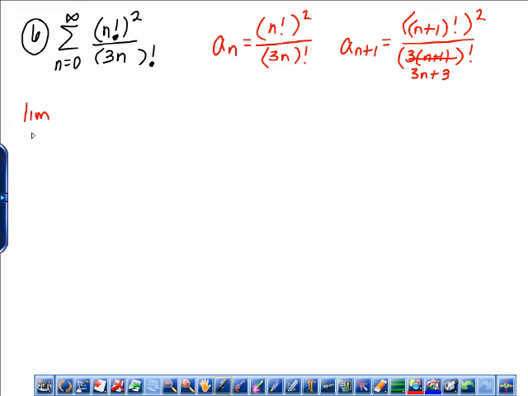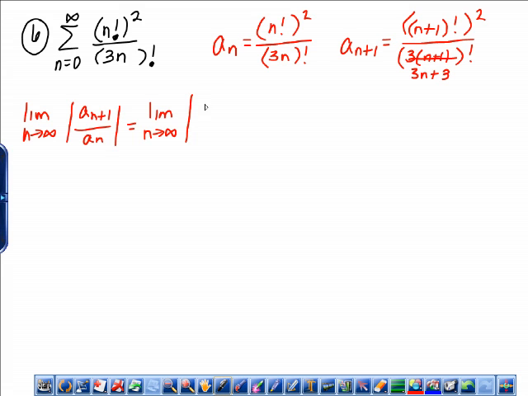All right, so remember our limit as n approaches infinity of the absolute value of a sub n plus 1 divided by a sub n is equal to the limit as n approaches infinity of the absolute value of this term.